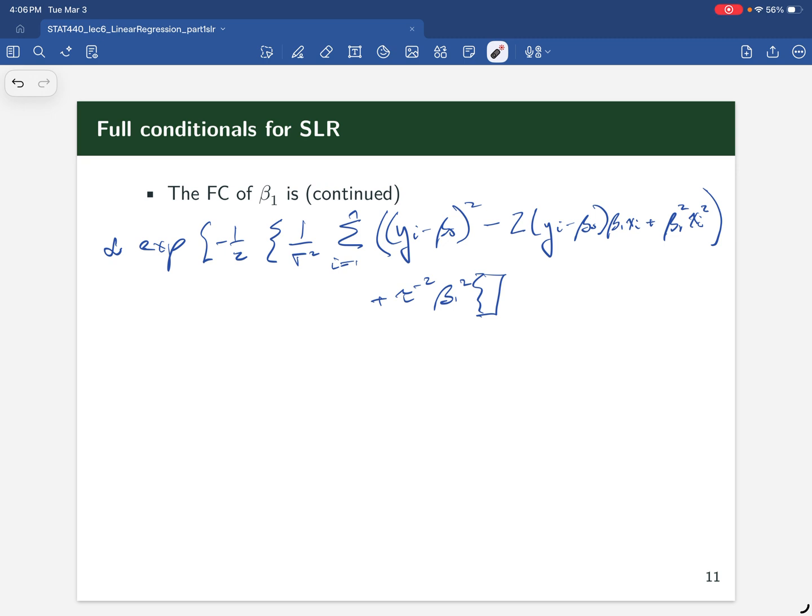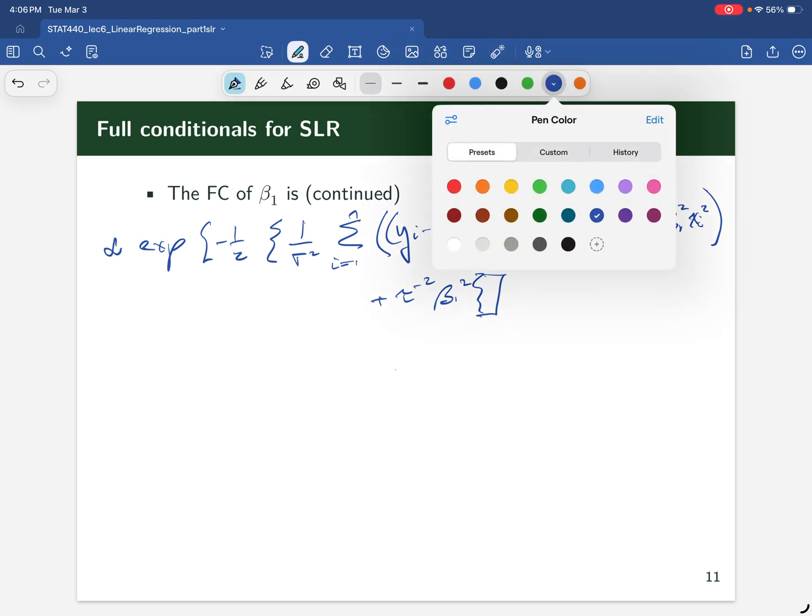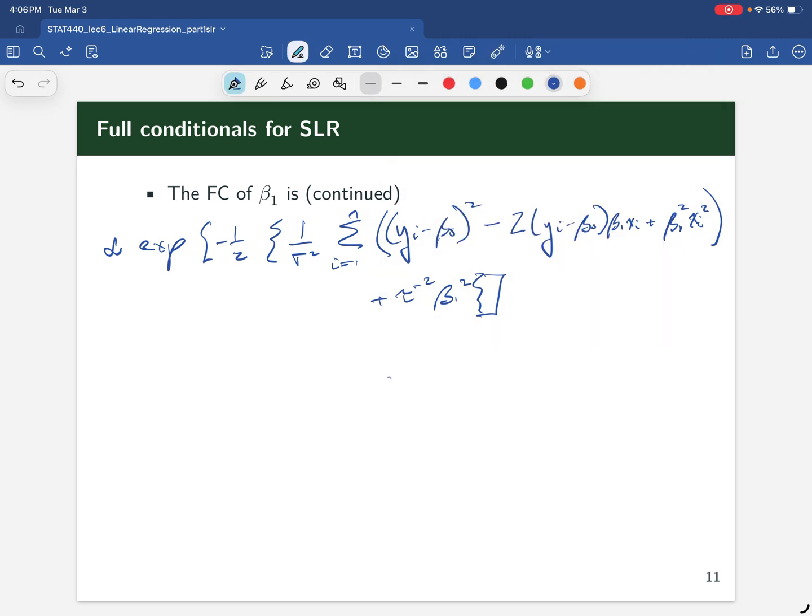Let me do that. Okay, so this is proportional to e to the negative 1/2, and I have 1 over sigma squared, or sigma to the negative 2, if you want to write it that way.